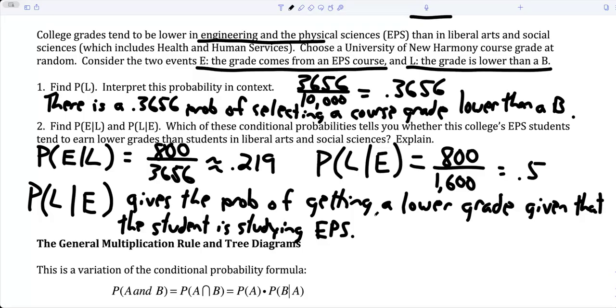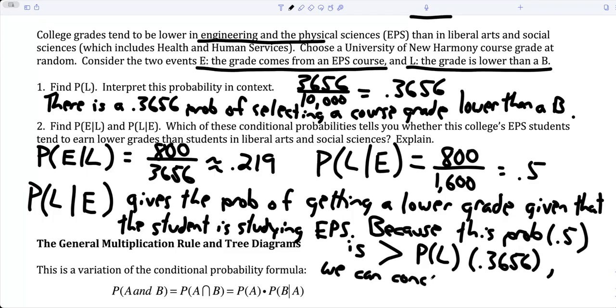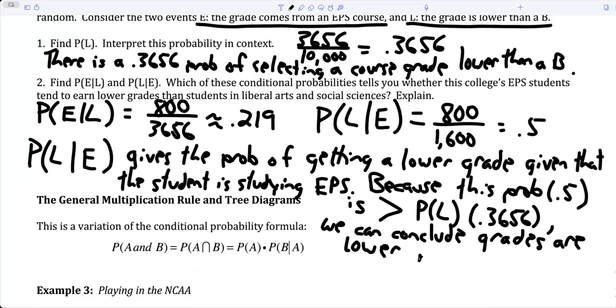So I'm going to say because this probability of 0.5 is greater than the probability of L, which was 0.3656, we can conclude grades are lower in the EPS school.